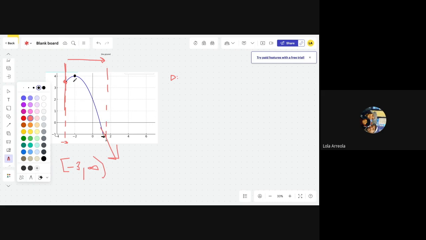Left to right. This is my leftmost value. Again, I look at my X, not my Y. I have a closed circle, so bracket, and it's going towards infinity because I have an arrow, and I can't bound an arrow with a line. So that is my domain, [-3, infinity).